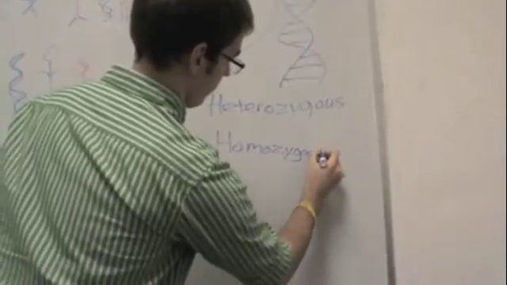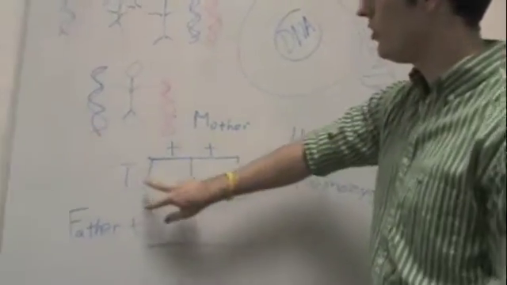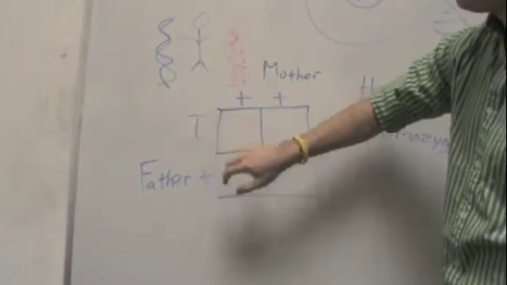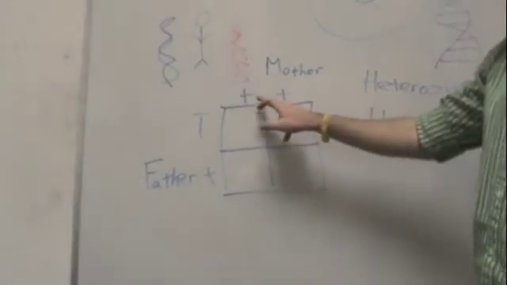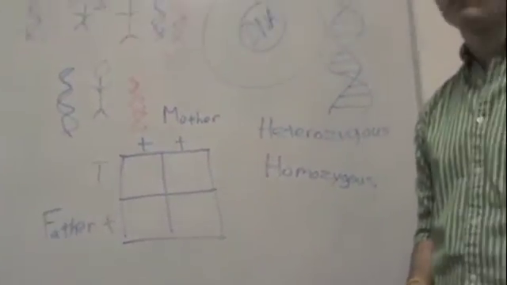Heterozygous means that there are two different types, meaning that they're not the same. They have one tall and one small. But homozygous means that the two genes being passed down are the same.